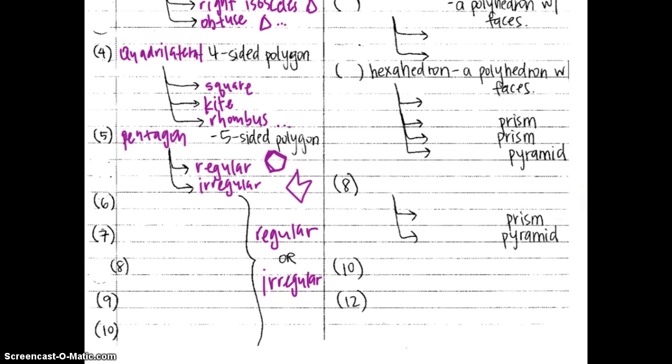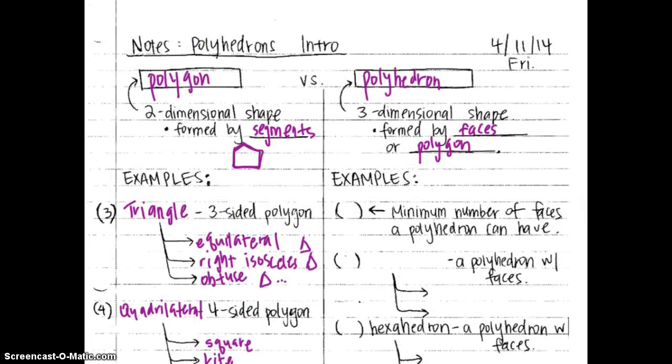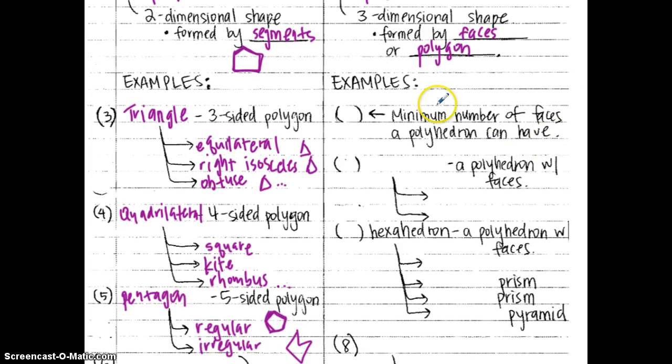Now when we go back to polyhedrons, go back to the top for polyhedrons. What is the minimum number of faces a polyhedron can have? The bare minimum number of faces is actually 4.